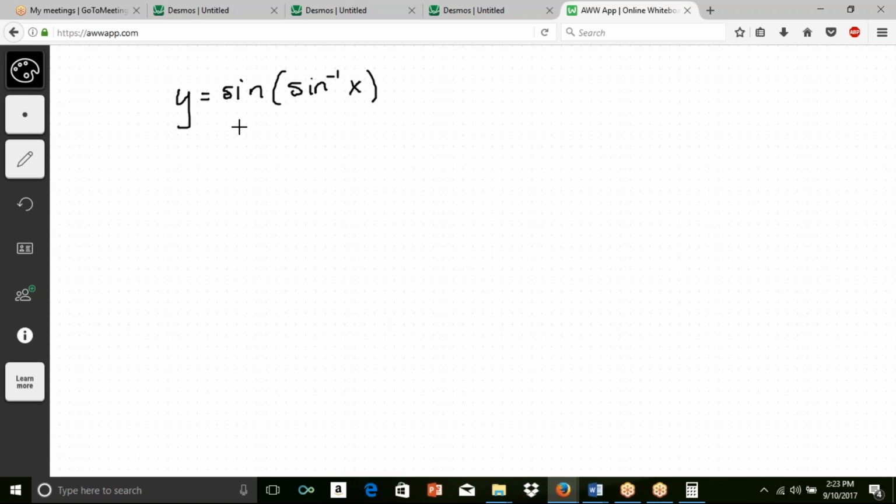Okay, you're going to see a sine on the outside, a sine on the inside. Or you might see y is equal to arc sine of sine of x. You might see one of these two things.